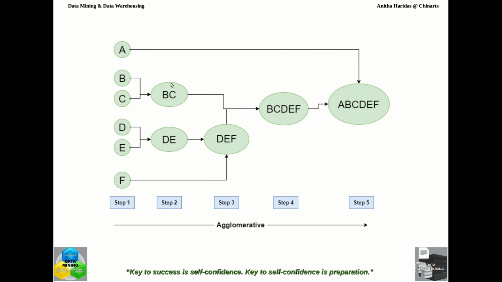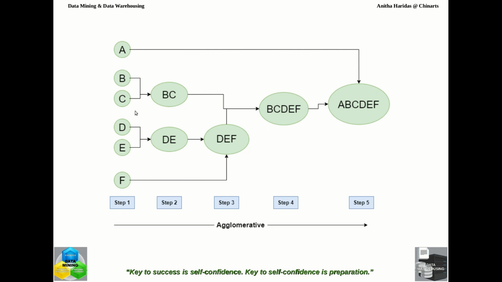B and C are together, so you put them together. Then we find D and F are similar, so I put it here in a separate cluster. Then I go for merging these two. I get B, C, D, F. Then I will be merging them until I get all the items in the same group, or you have a terminating condition, or you have the k number of clusters created, right?